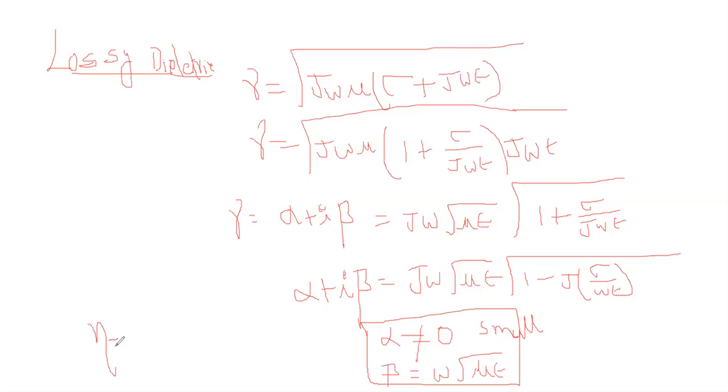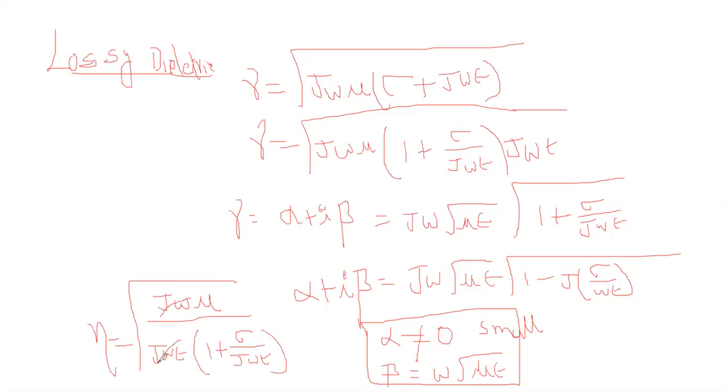The intrinsic impedance eta is equal to, we have the formula, the square root of j omega mu over, taking j omega in the denominator, j omega epsilon times 1 plus sigma by j omega epsilon.